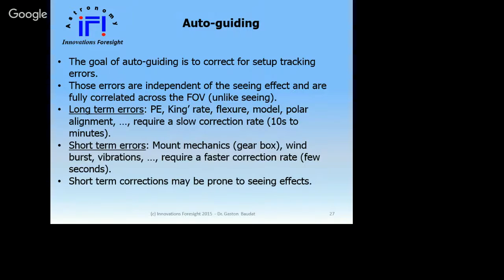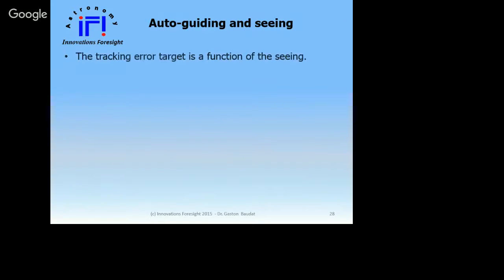You are far above the coherence time, which means everything is averaged out and the star doesn't wander from a seeing point of view. So let's assume for the time being that we're going to look at correcting the tracking of the setup, and we're going to have some seeing involved in the process.